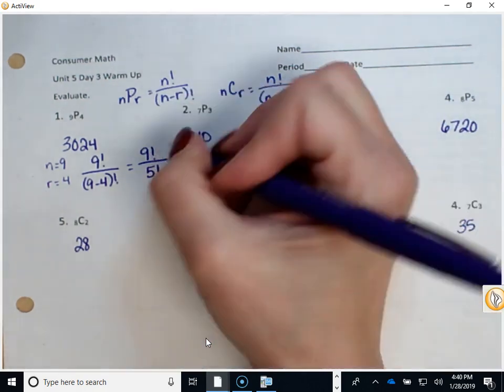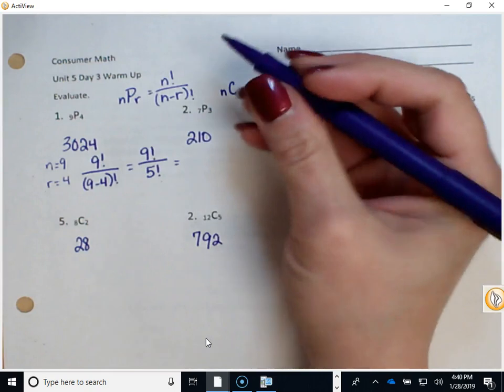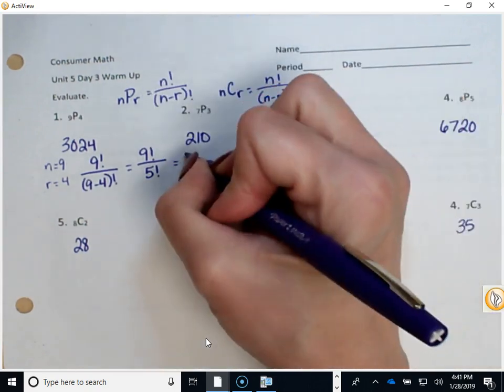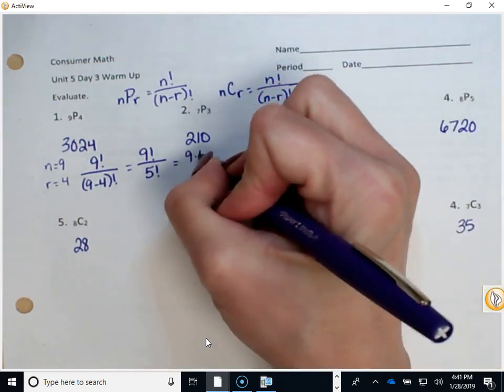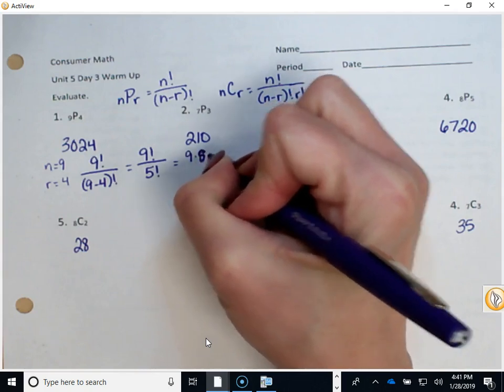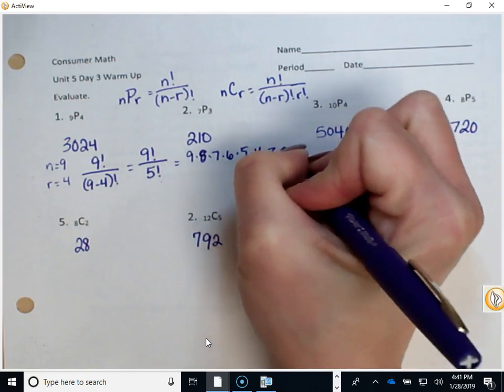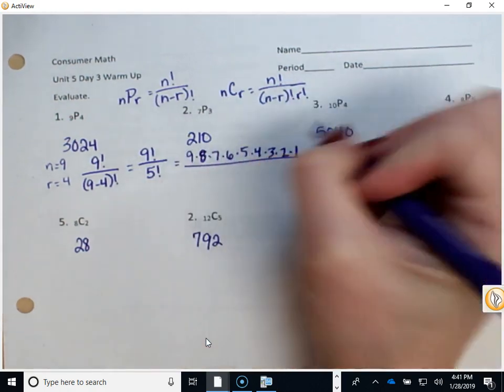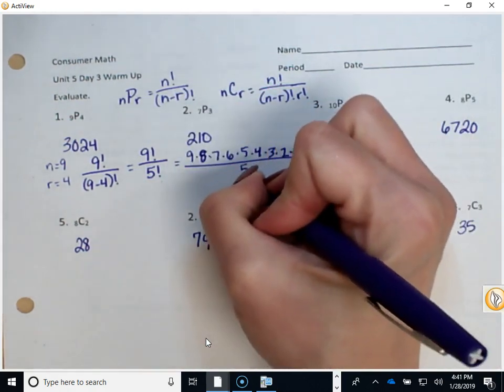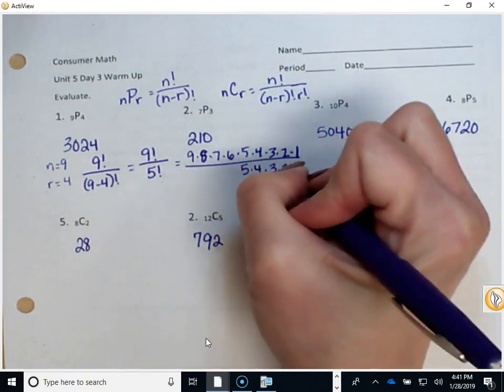But what it actually means, just to show you what the 9 factorial and the 5 factorial means, it means 9 times 8 times 7 times 6 times 5 times 4 times 3 times 2 times 1. And the 5 factorial means 5 times 4 times 3 times 2 times 1.